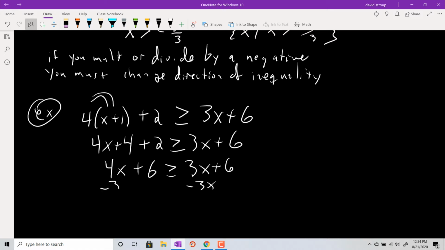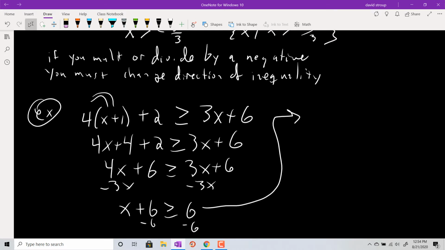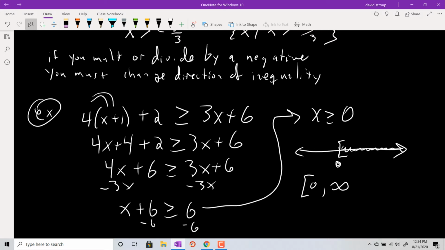Move the x's to one side. Isolate the variable. And finally, write up your solution set. Everything greater than or equal to 0, or if you wish, the interval notation.